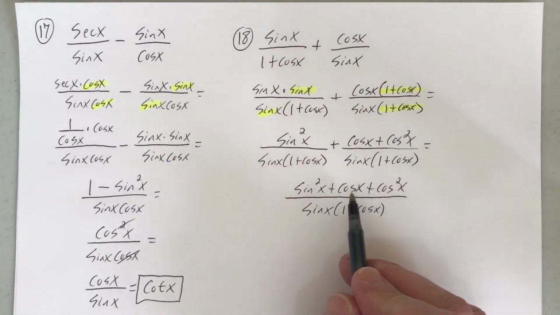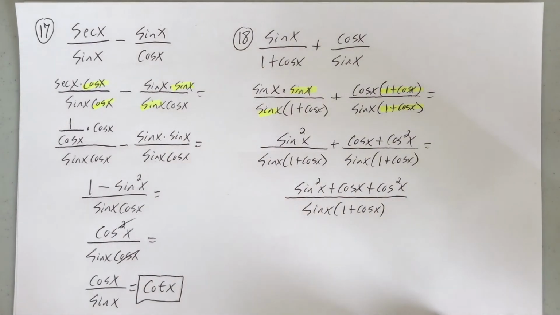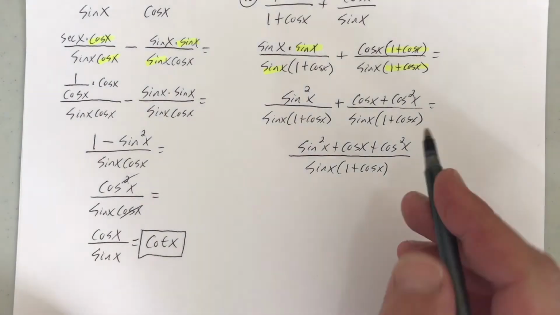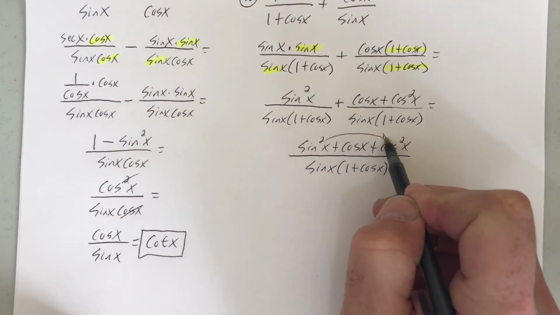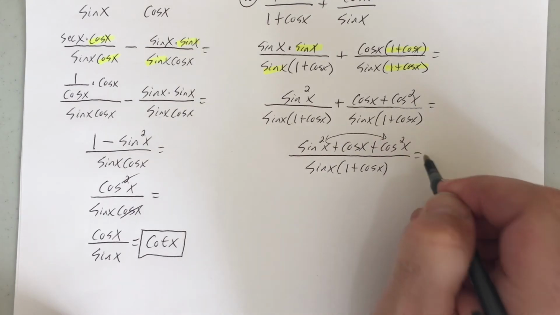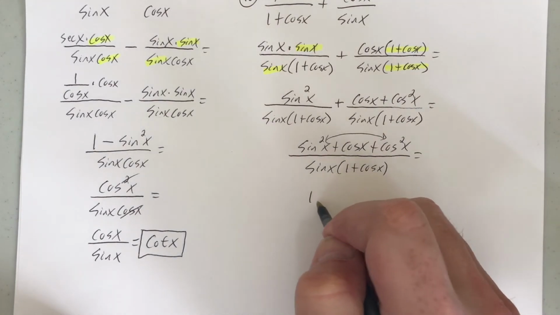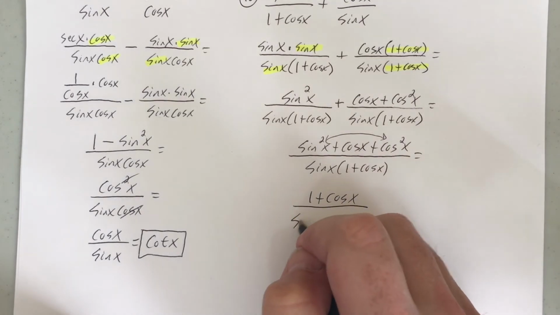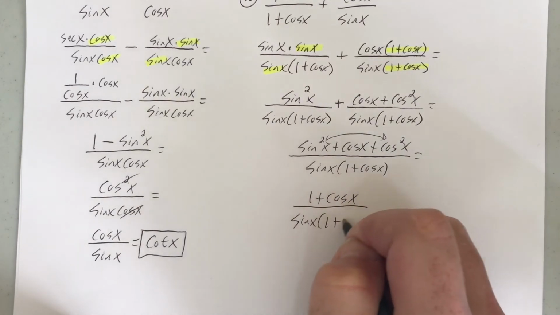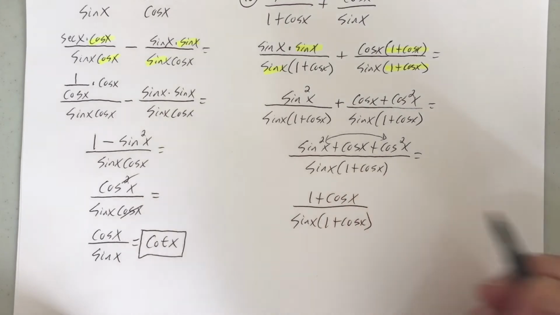You see here you have a sine squared x and a cosine squared x. Well, sine squared x plus cosine squared x, Pythagorean identity, that is 1. So now it would just leave me with 1 plus cosine x over sine x times 1 plus cosine x.